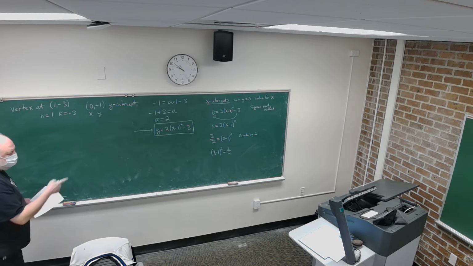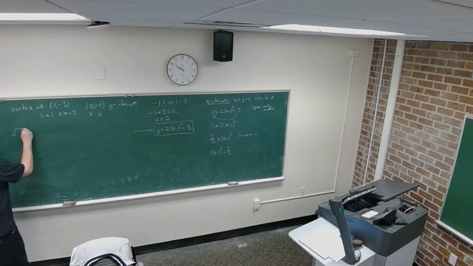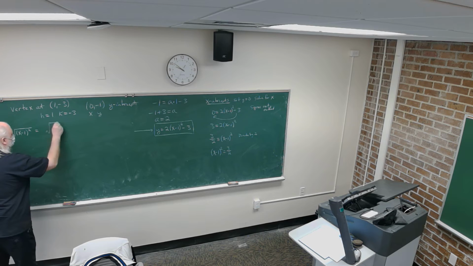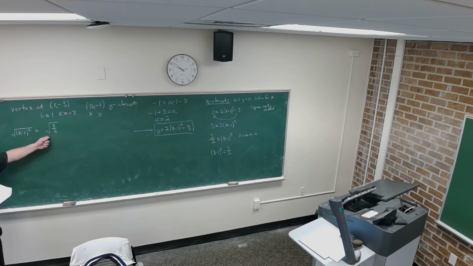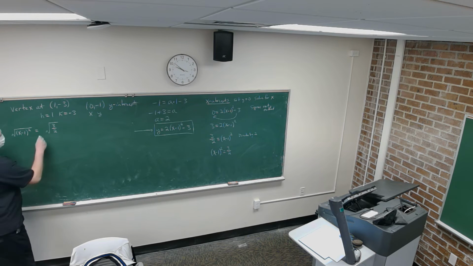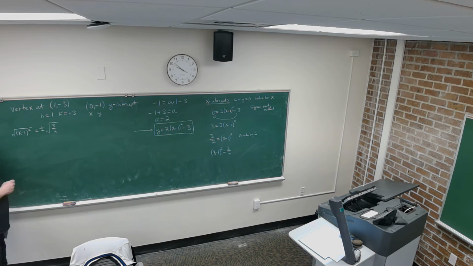Now I can take the square root of both sides. I have the square root of (x minus 1) squared is equal to the square root of 3 halves. What am I missing on the right-hand side? Plus or minus, right? When you use the square root method, there are 2 solutions.